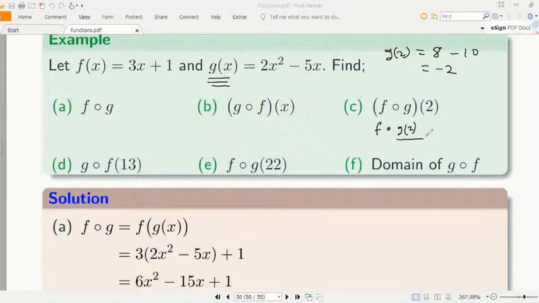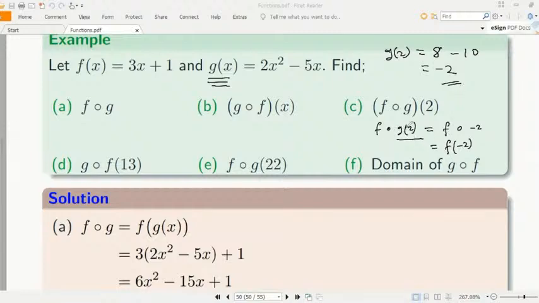And so this is the same as F of negative 2, because G of 2 is negative 2.